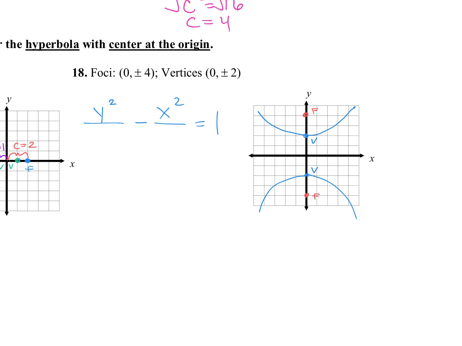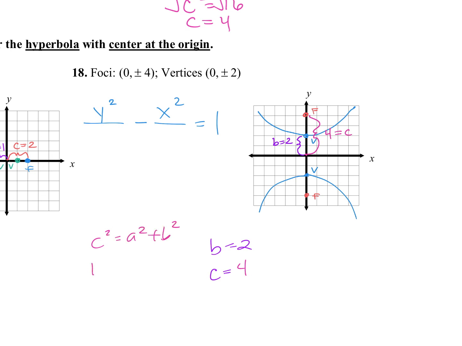Can you tell me your B value right now? B is 2. B is from center to vertex, right? So B is 2. Can you tell me your C value right now? C is 4. That's this one. Center to focus is your C value. So we know C is 4, B is 2, and we know C squared equals A squared plus B squared.